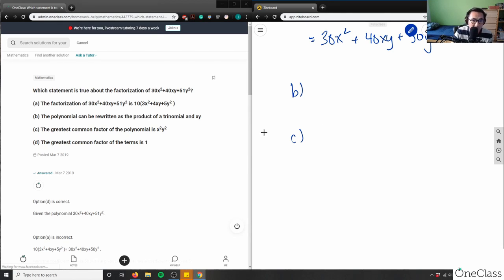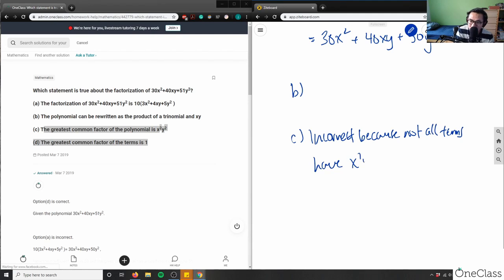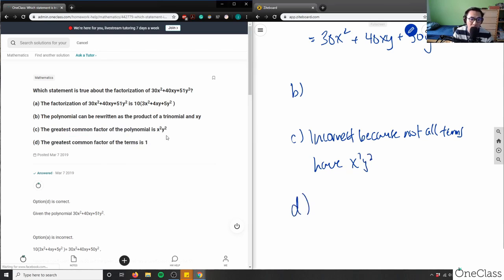If I factored out x squared and y squared, my first term, 30x squared, doesn't have a y squared, 40xy I'm missing x and y, and the 51y squared I'm missing x squared, right? So C is incorrect, because not all terms have x squared and y squared.